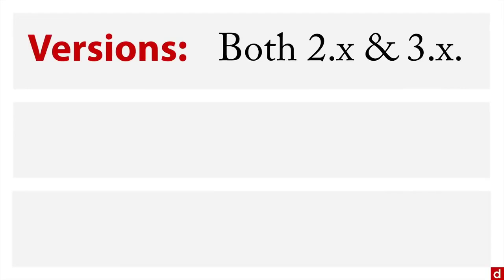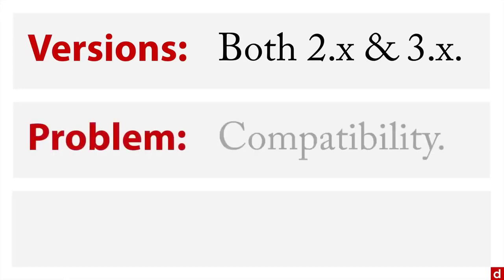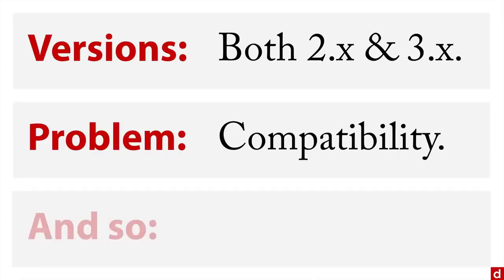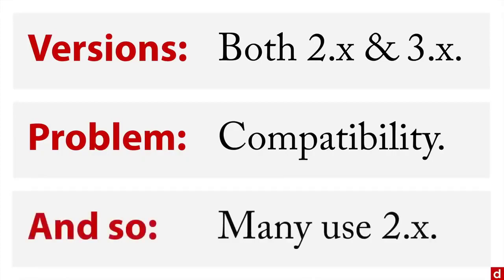And in fact, the problem is this: there are some compatibility issues where code that runs in one does not run in the other. And consequently, most people have to choose between one or the other. What this leads to is that many people still use 2.x. I have to admit, the examples that I use, I'm using 2.x because so many of the data science packages are developed with that in mind.